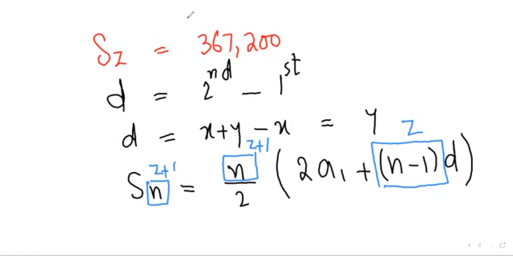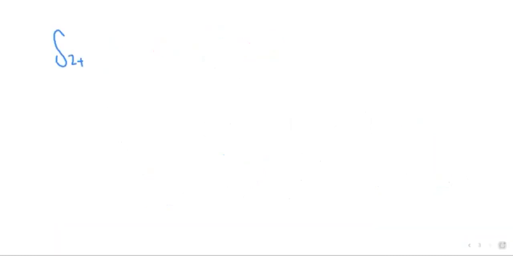So let's solve this. Sum of z plus 1 terms is z plus 1 over 2 times 2x plus z.